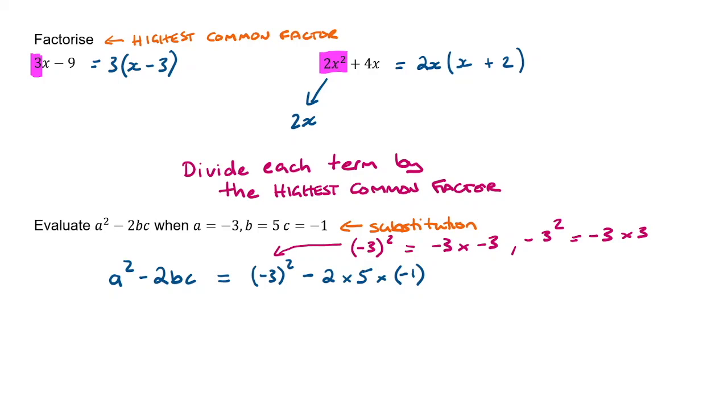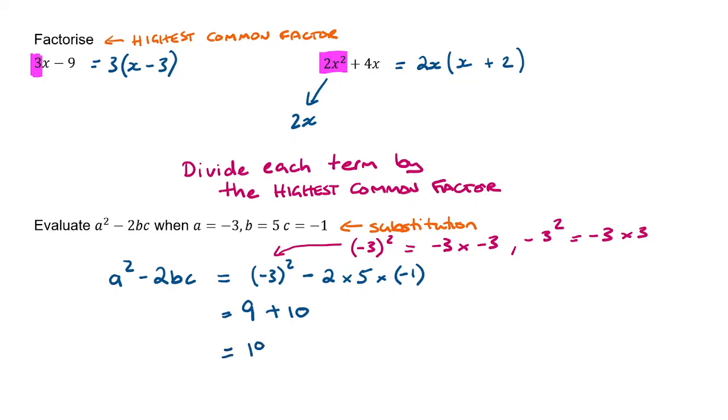Okay, so when we do all of that together, minus 3 all squared is 9. Okay, minus 2 times 5 is minus 10. Times that by minus 1. So it's minus 10 times minus 1. So now it is plus 10, because we've got two negatives being multiplied in there together.